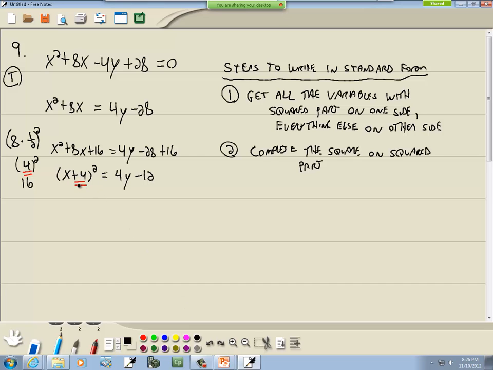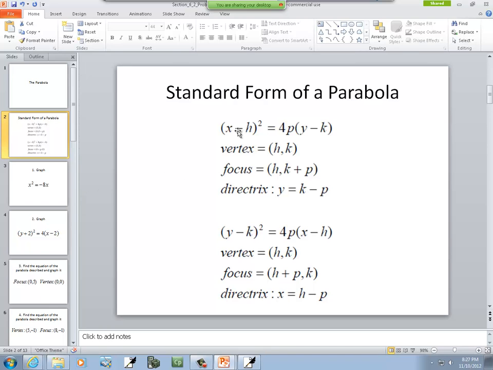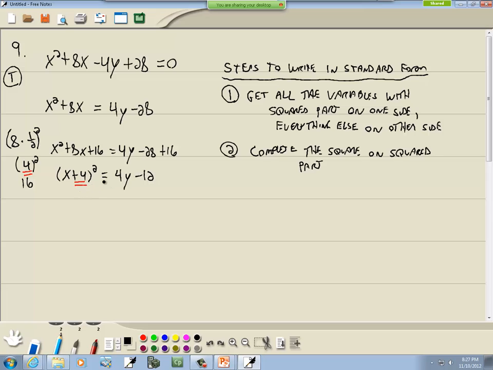Well, this is starting to look like standard form. We got the top formula, so x plus or minus the number squared. Well, that works. The right side needs a little bit more work. We'll factor out the number in front of the variable.